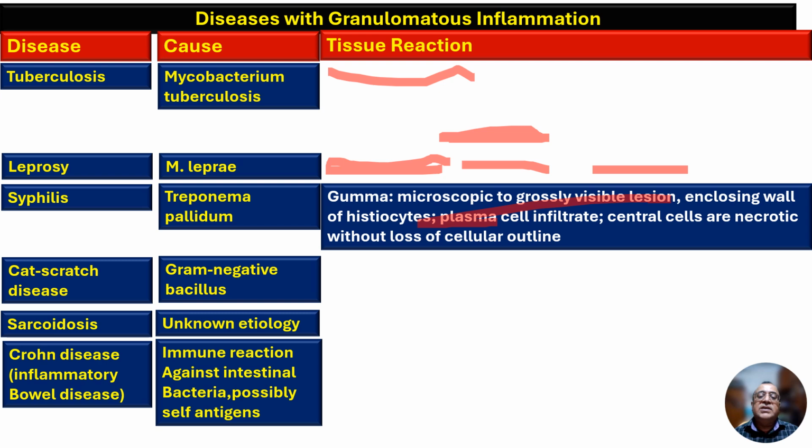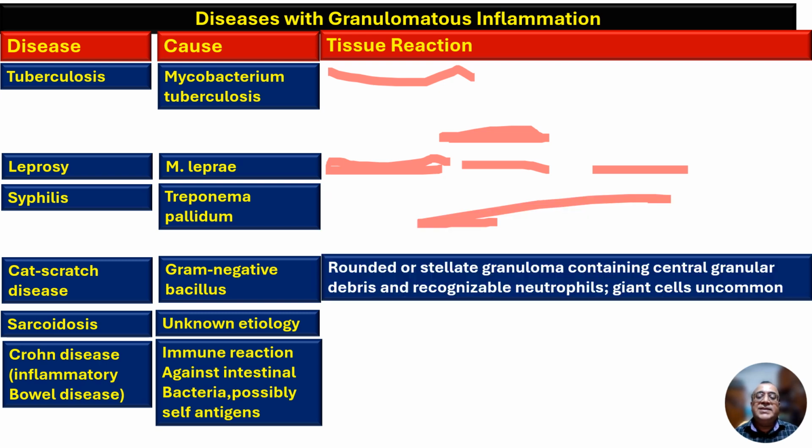This syphilis is caused by Treponema pallidum, and cat scratch disease is due to a gram-negative bacillus. There is a rounded or stellate granuloma containing central granular debris and recognizable neutrophils. Giant cells in cat scratch disease are uncommon.